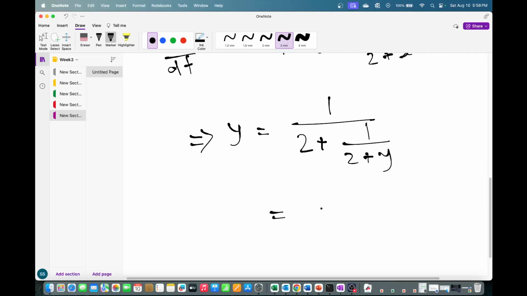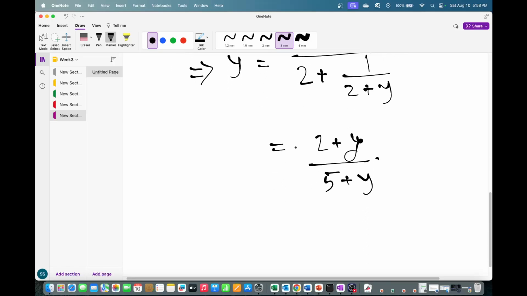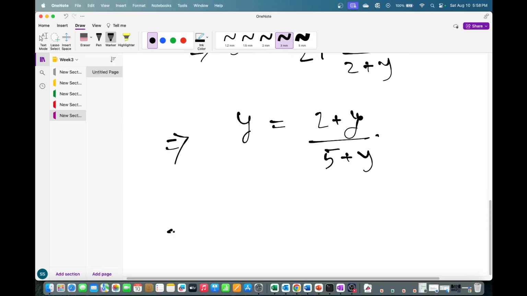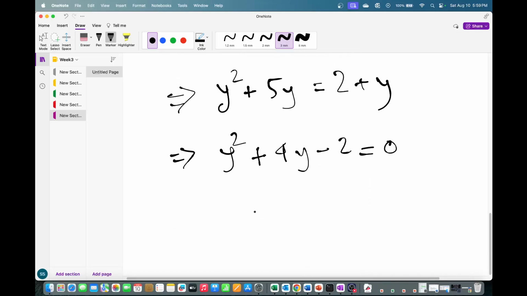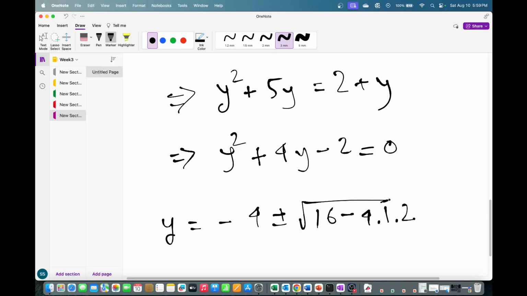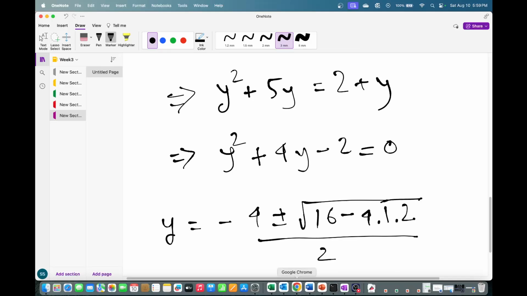Now if you simplify this, this becomes 2 plus y by 5 plus y, and y equal to, now you cross multiply, y square plus 5y equal to 2 plus y. Take it on the left hand side, y square plus 4y minus 2 equal to 0. Now if you use the quadratic formula, y equal to minus b plus minus root over b square minus 4ac by 2a, right?